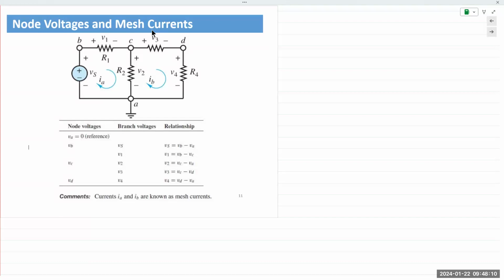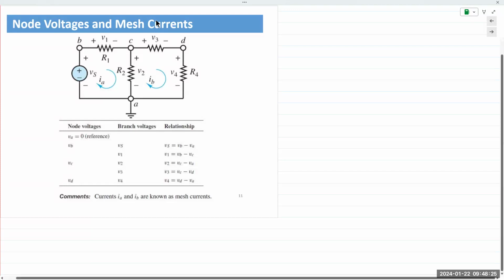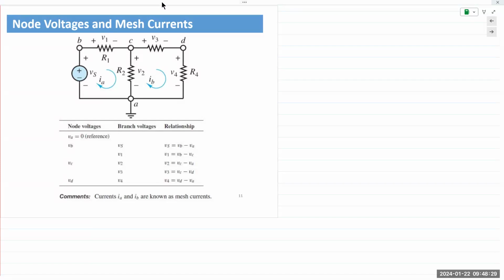So if you have two voltage sources, two current sources, or one voltage source and one current source, you cannot combine them if they are in different parts of the circuit. So you cannot reduce those resistors down to one single resistance. And if that's the case, then you would use these techniques, which are node voltage analysis and mesh current analysis. Okay. All right, so let's start with node. What is a node?